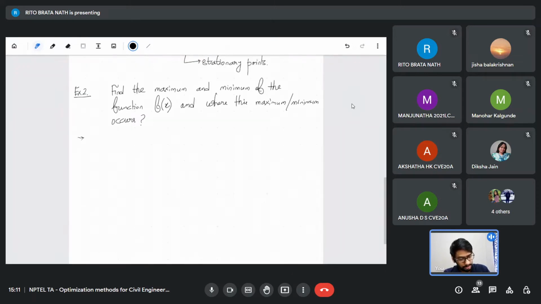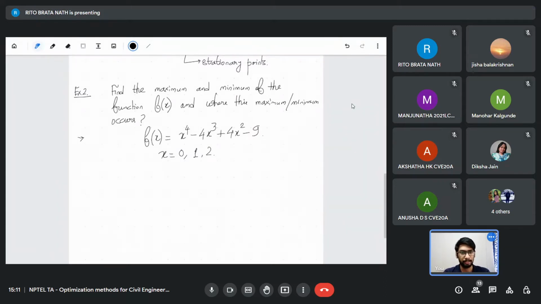So now I have this function f(x) equals x to the power 4 minus 4x cubed plus 4x squared minus 9, and I know the stationary points are 0, 1 and 2. Now can anyone tell me how to find the maximum and minimum of this function?